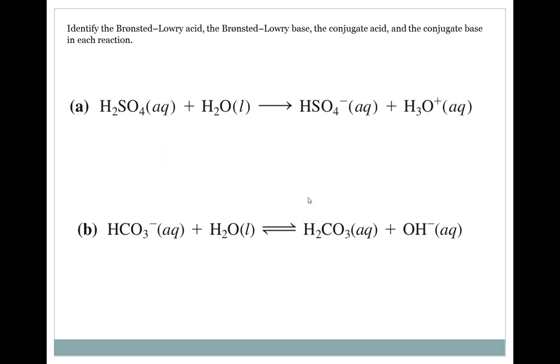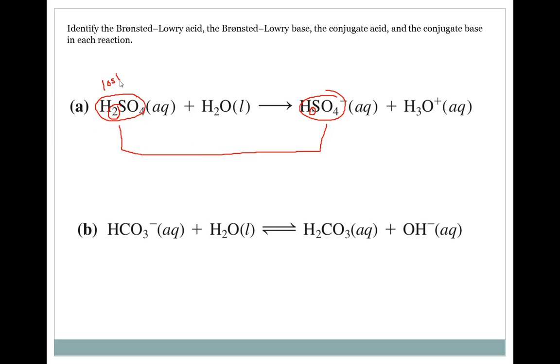Identify the Bronsted-Lowry acid and the Bronsted-Lowry base, the conjugate acid and the conjugate base in each reaction. We have H2SO4 on the left-hand side. We have HSO4 on the right, so these two are going to be paired up. In this process, it went from H2 to H1. Therefore, this lost a hydrogen.